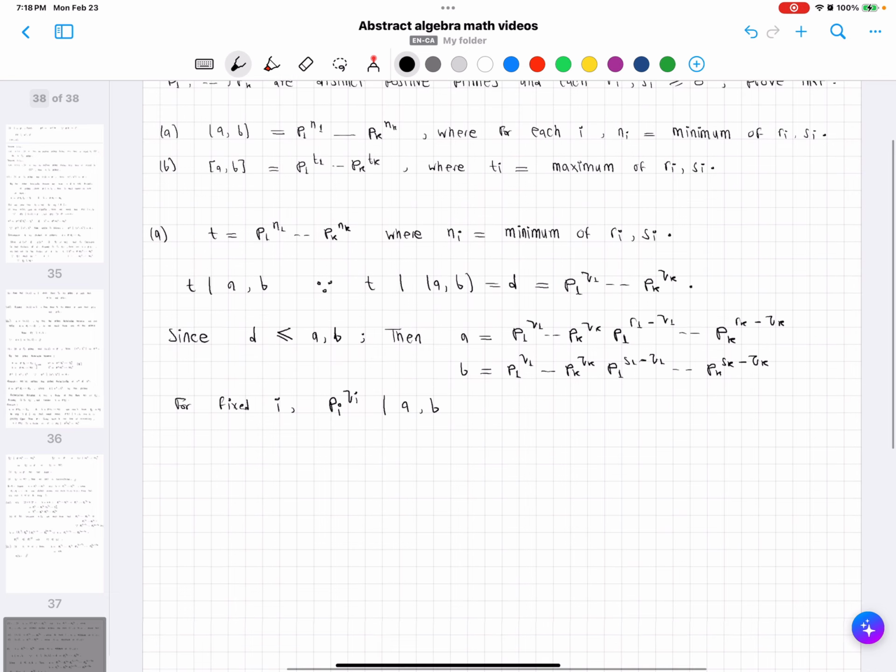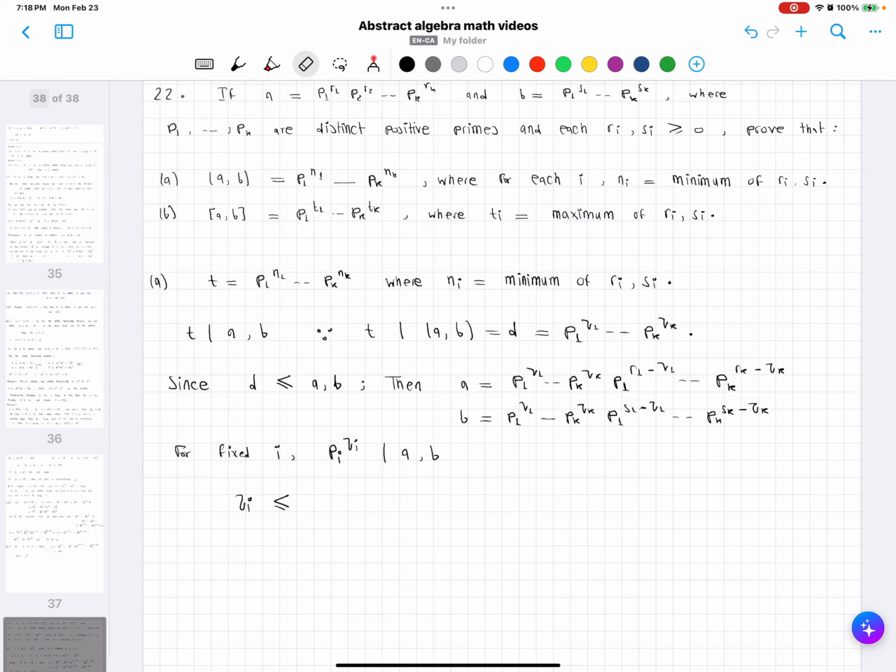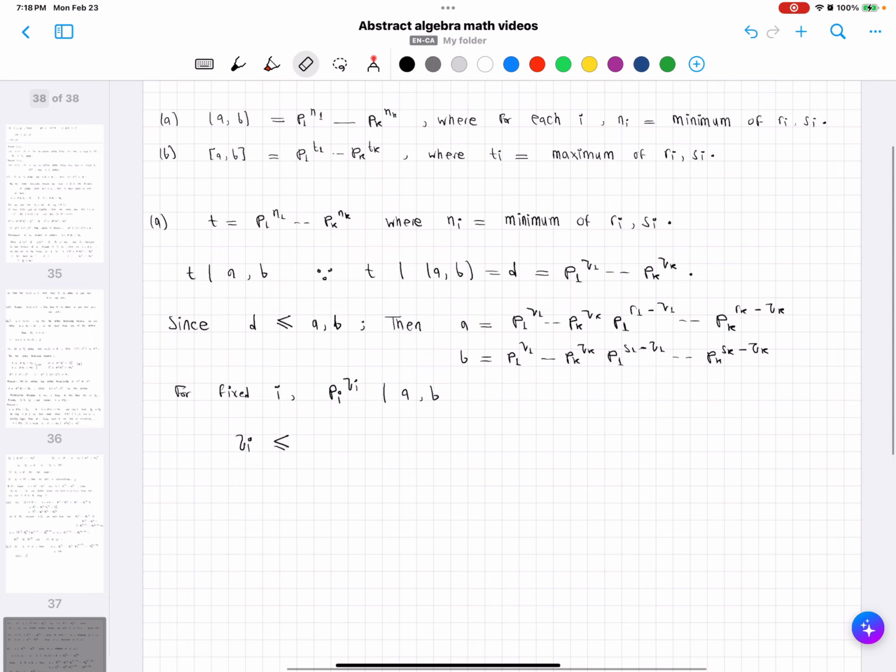So in particular, Pi to the Li divides both A and divides B, so then we must have that Li is less than or equal to the minimum of the Ri and the Si.